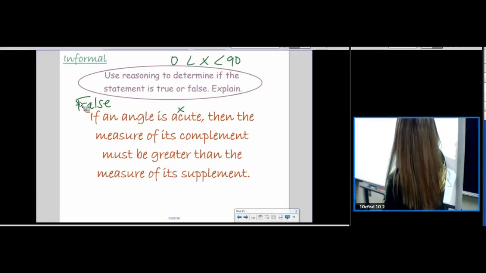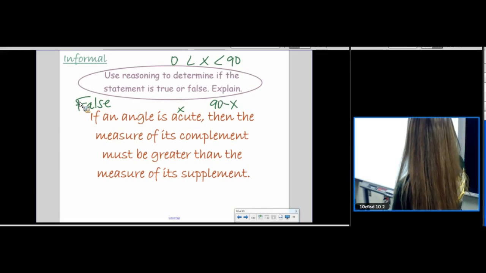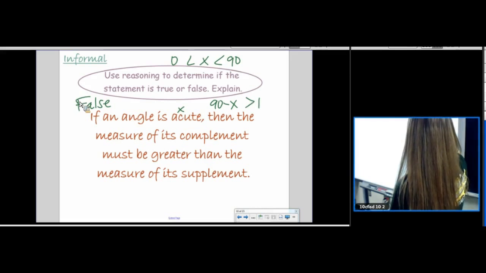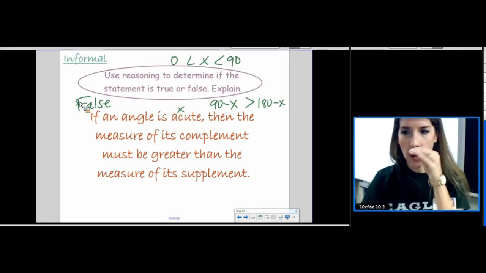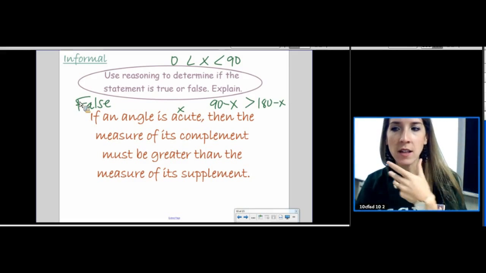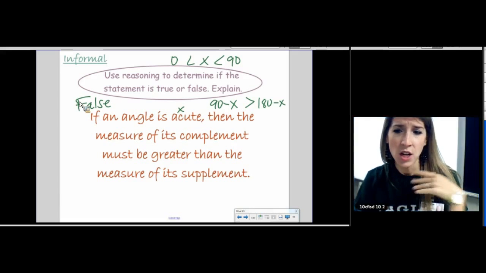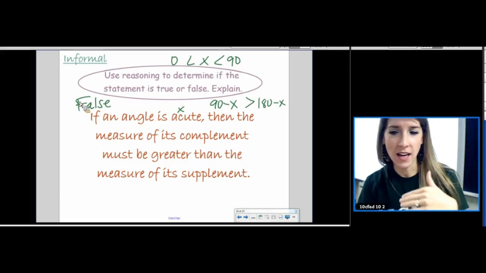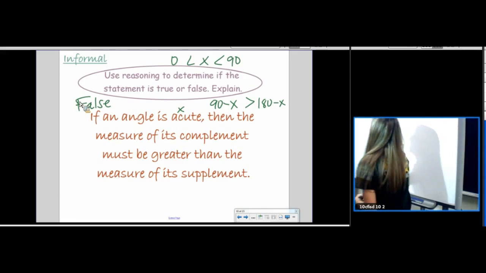The measure of its complement must be greater than the measure of its supplement. Now, if I were trying to solve for x, what would happen to those x's? You have a negative x on the left and a negative x on the right, so when you add x to both sides, they're going to cancel.